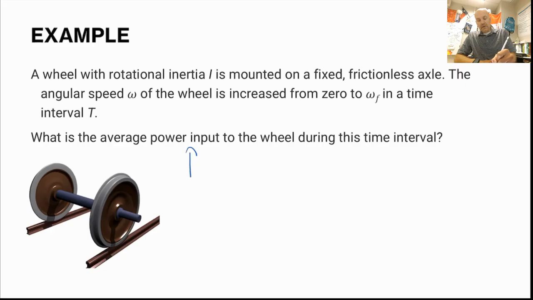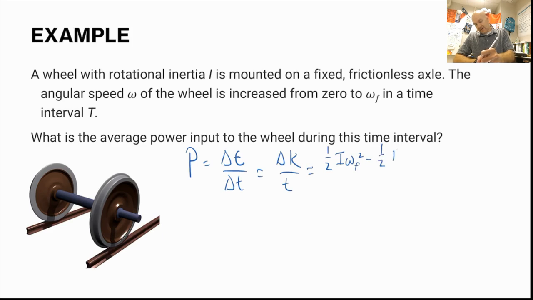Okay, so if you remember back in Physics 1, power is simply change in energy over time. So we're changing the kinetic energy over time, and so we're going to have 1/2 I omega final squared minus 1/2 I omega initial squared, over t.